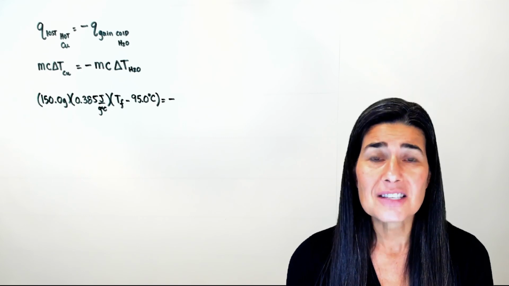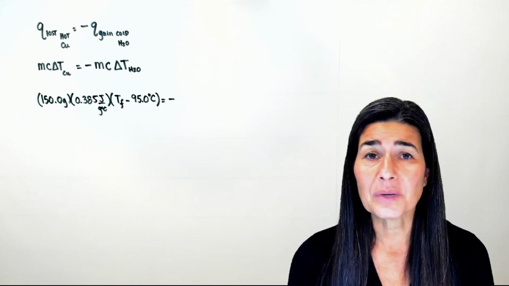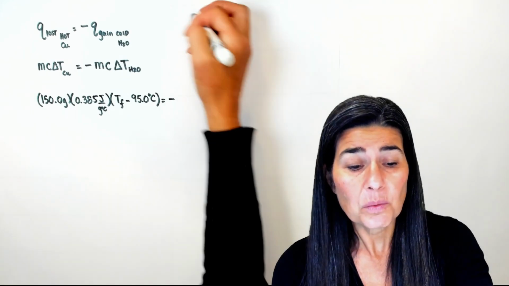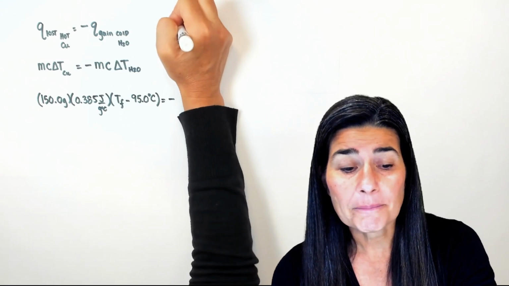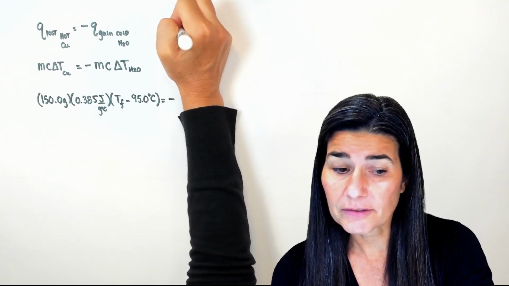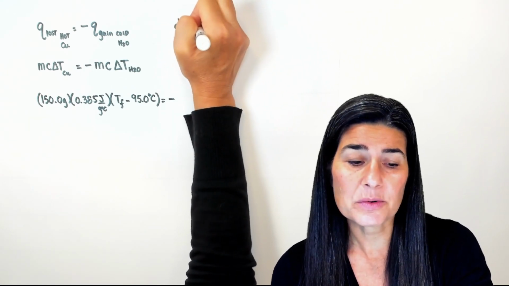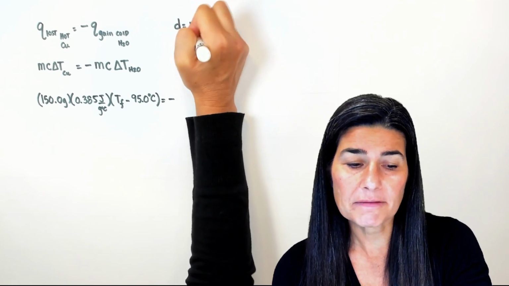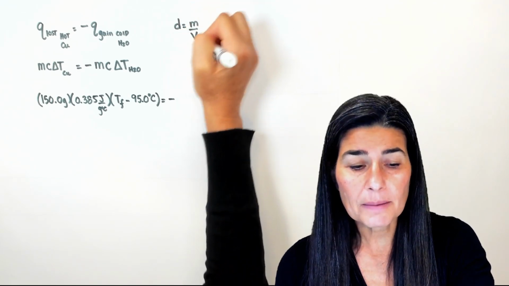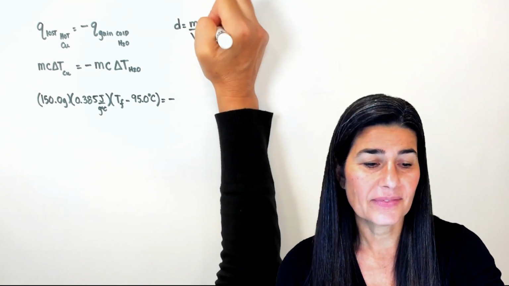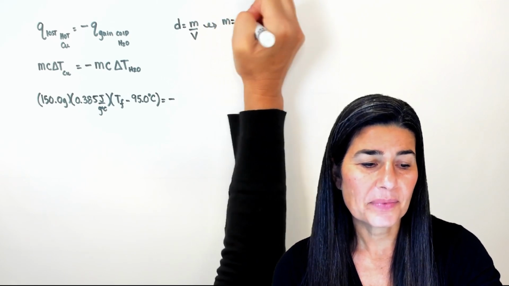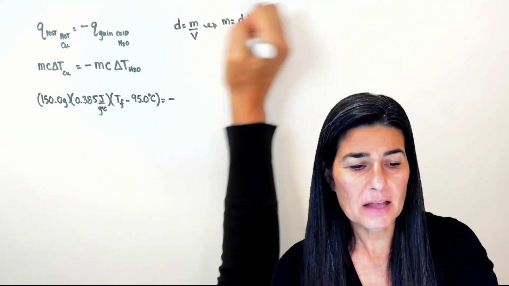I can prove that to you though. We could do a really quick conversion. We could either convert it or use the density equals mass over volume formula. Your mass here is going to equal the density times the volume.